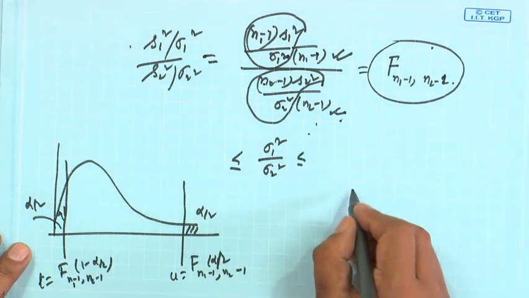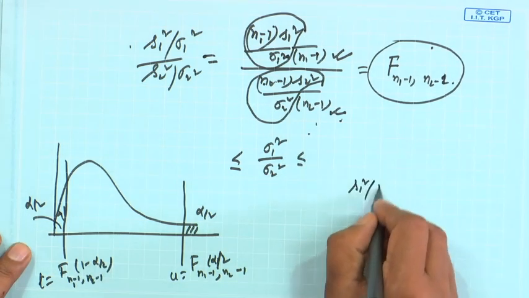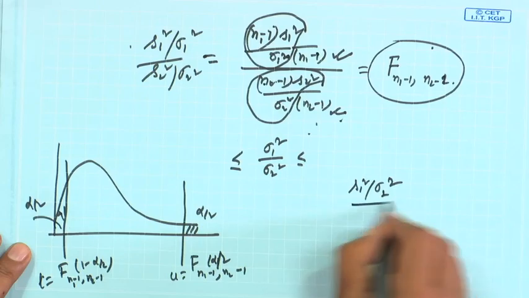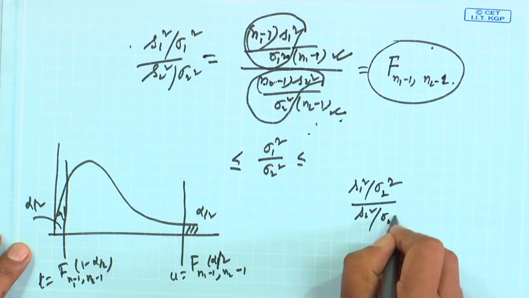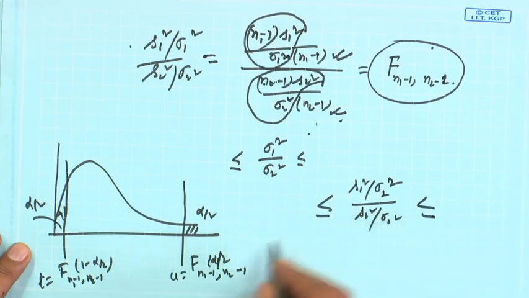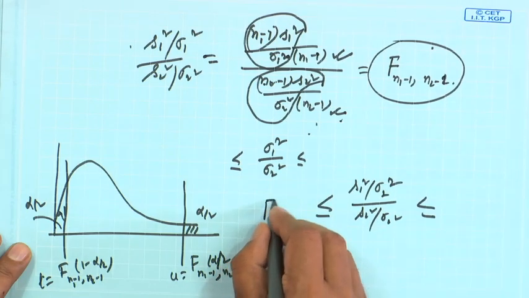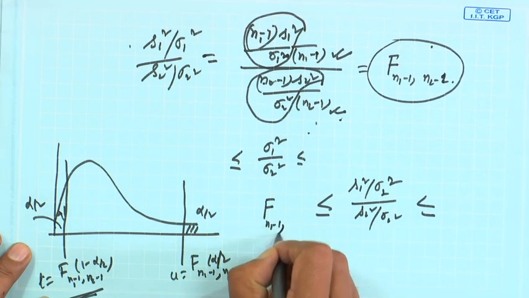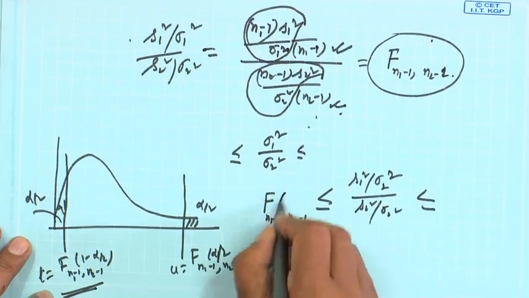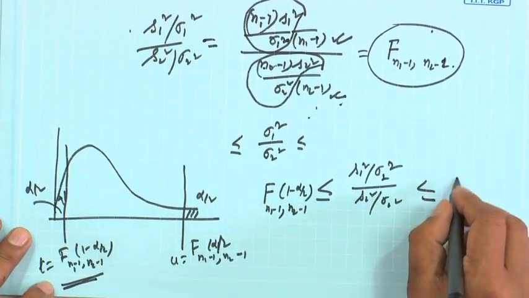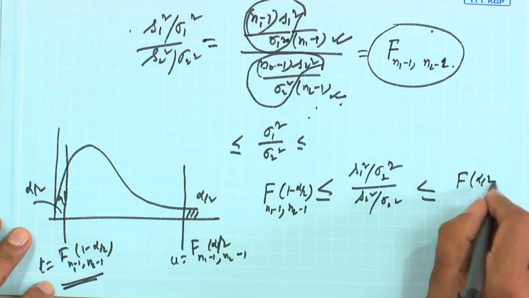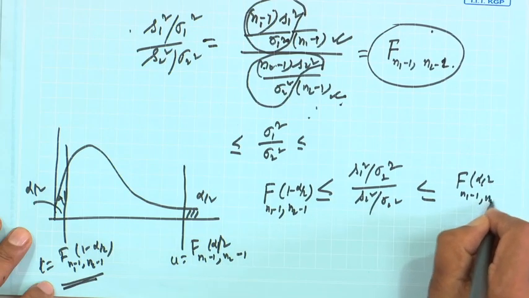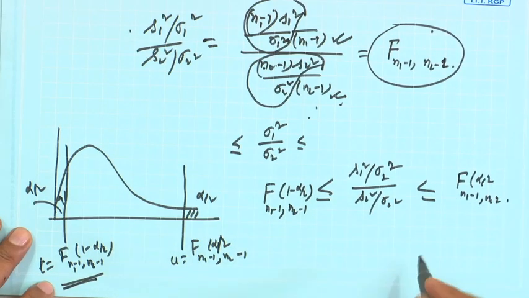Then S1 square by sigma 1 square over S2 square by sigma 2 square will lie between the lower value F N1 minus 1, N2 minus 1, 1 minus alpha by 2, and F N1 minus 1, N2 minus 1, alpha by 2.